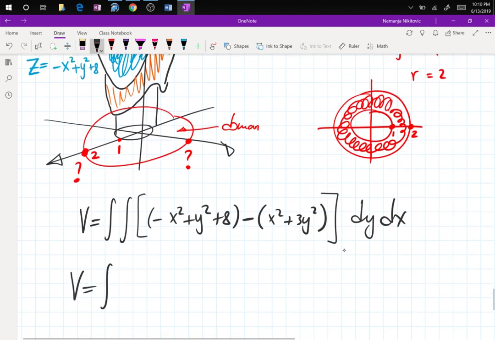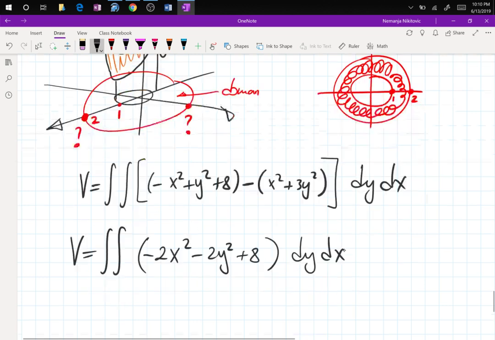So this volume now, when I start converting, this is going to be when you add all of these, right? You have negative x squared minus x squared is negative 2x squared, and then y squared minus 3y squared is minus 2y squared, and then plus 8 in parentheses, dy dx.